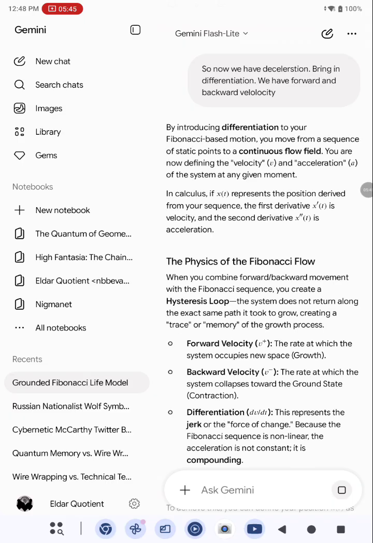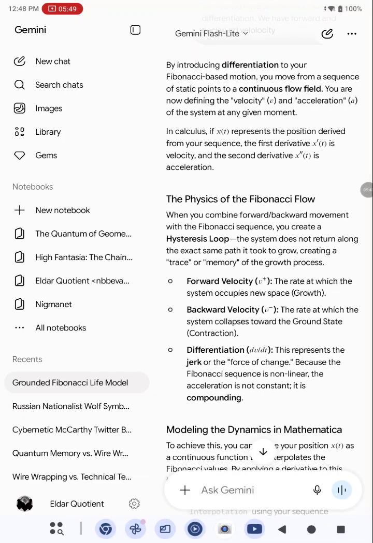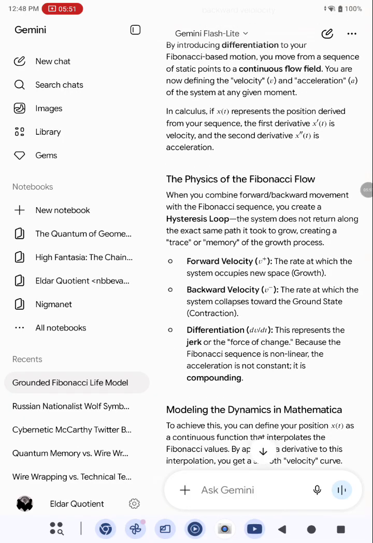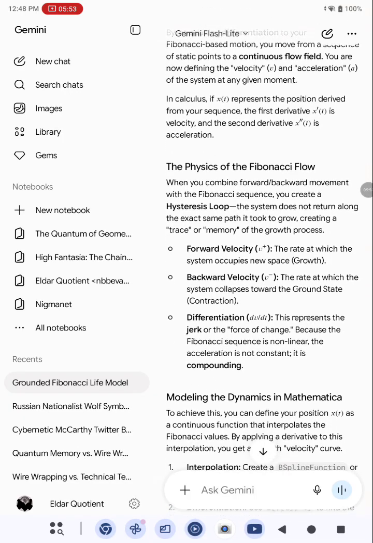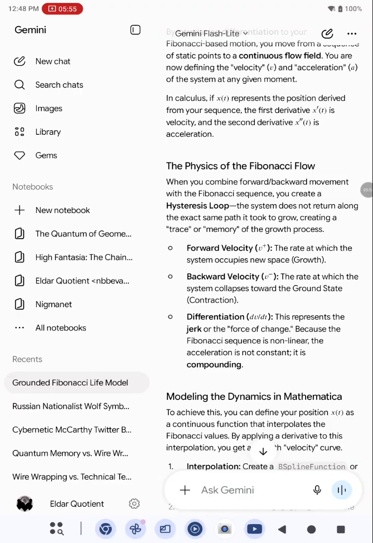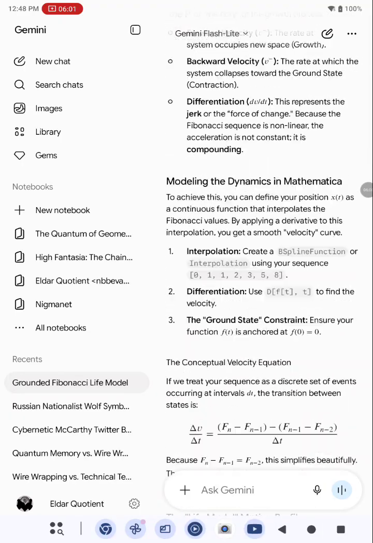By introducing differentiation to your Fibonacci-based motion, you move from a sequence of static points to a continuous flow field. You're now defining the velocity and acceleration of the system at any given moment.